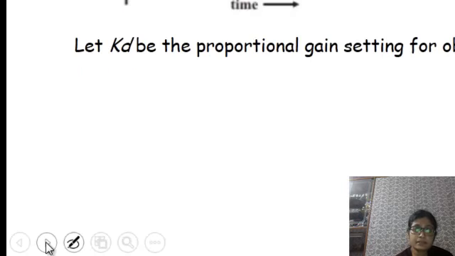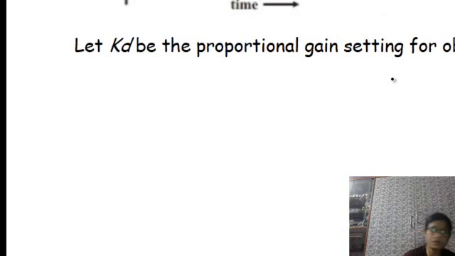There is no experimental proof of these values, but these are the models, and these values should be considered for designing a controller using the Ziegler-Nichols method. So these should be considered as the formulas for controller tuning. This is the standard method of Ziegler-Nichols, and this is for constant oscillation.